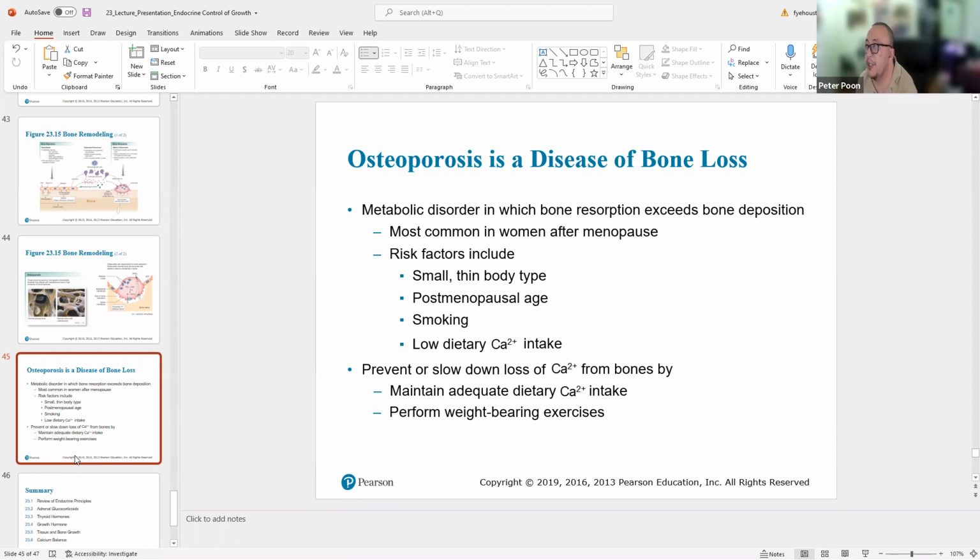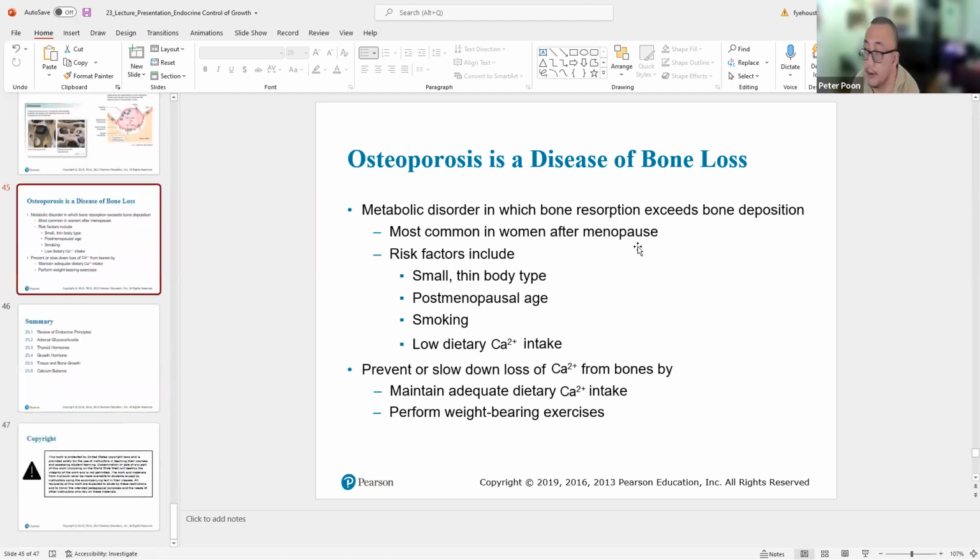Estrogen increases calcium reabsorption, and therefore women after menopause don't reuptake as much calcium, and if they run low on dietary calcium, they release parathyroid hormone, and that causes osteoporosis eventually. So hopefully that makes sense.